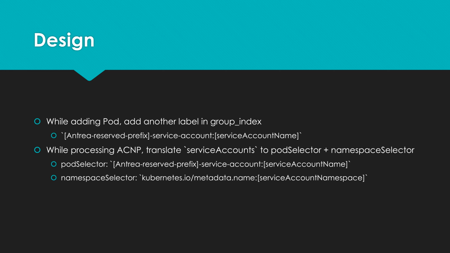But it turns out that it will still go through the process to validate the label format, so it cannot work. So we basically go back to using a reserved prefix, for example antrea.io/reserved, reserved label dash service account, or other custom labels that we want to use in future.